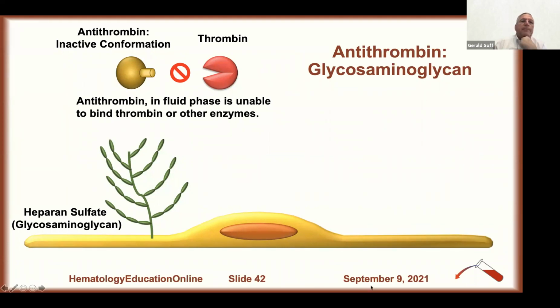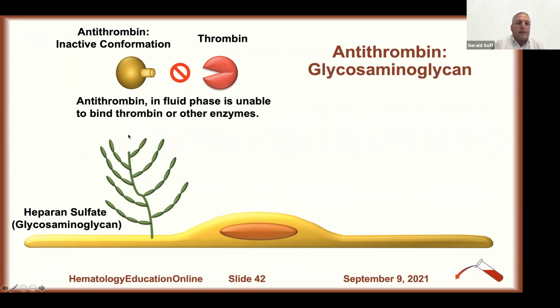So antithrombin is a protein that has the potential to neutralize the enzymes of the coagulation system. However, as antithrombin circulates, it does not bind or neutralize enzymes. This is heparan sulfate, which is a glycosaminoglycan anchored to an endothelial cell here.